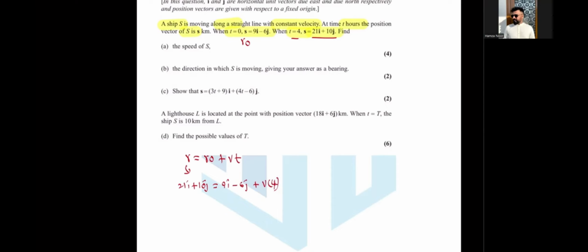Therefore, 4v is equal to 21i minus 9i plus 10j plus 6j. So 4v will be equal to 12i plus 16j, meaning v is equal to the i component 12 over 4, and the j component 16 over 4.